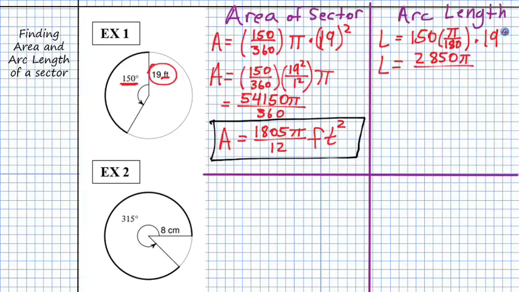Remember, we're not going to put pi in the calculator. We're going to put all the other numbers in the calculator and then leave pi out of the calculator, but we're going to leave it in our answer. And so L is equal to 95 pi over 6. And then this arc length, right, it's this linear motion here. So that's actually going to be a linear unit, so it's just feet.